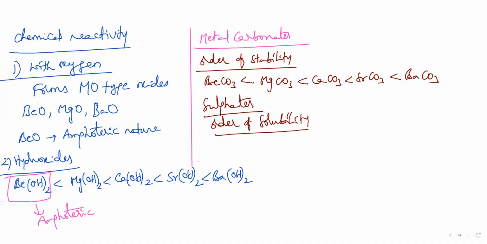We are doing alkaline earth metals, right? Alkaline earth metals means beryllium sulfate solubility is less than magnesium sulfate, than calcium sulfate, than strontium sulfate, than barium sulfate.